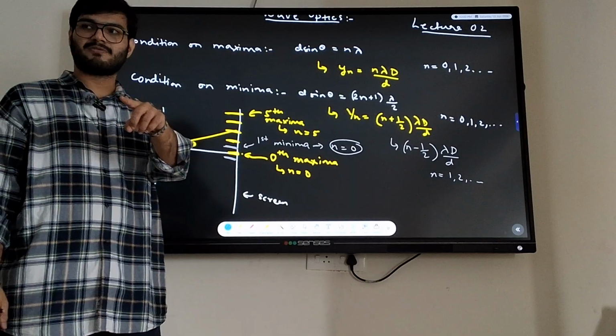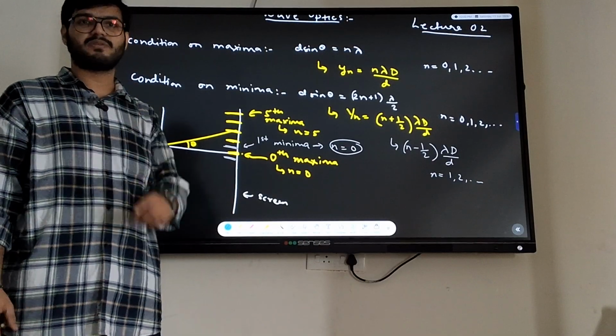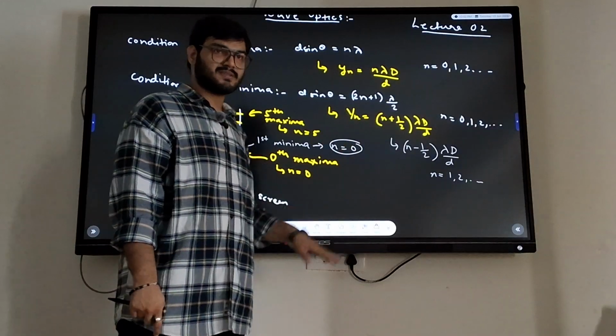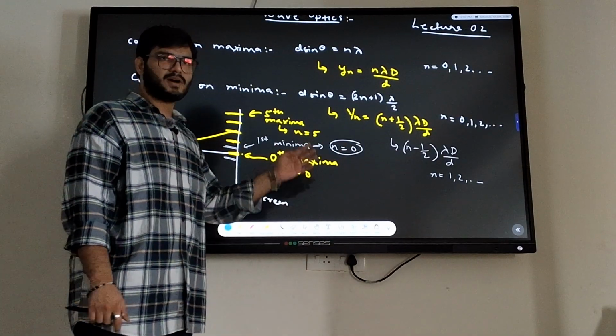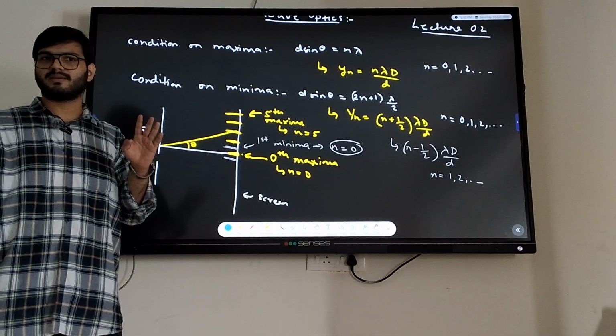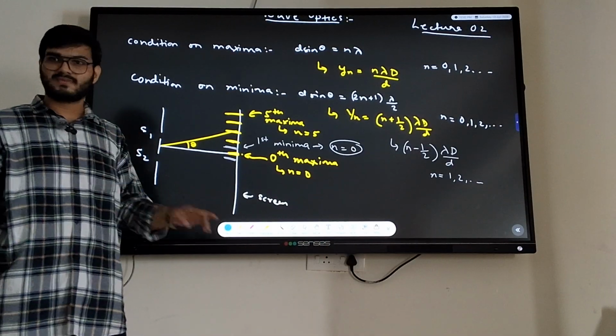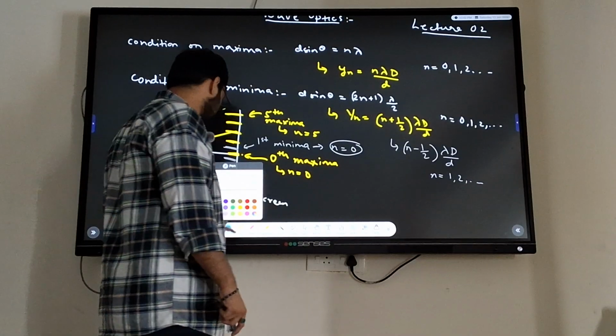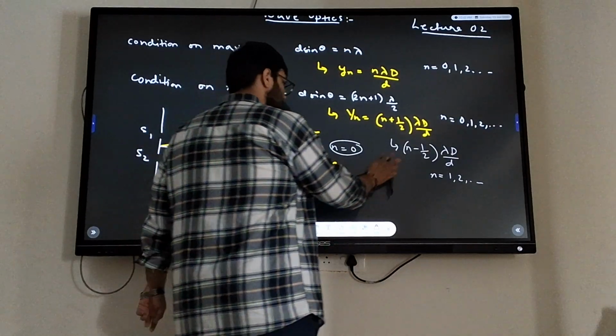First minima n equal to 1, second minima n equal to 2. But since I have written this formula, that's why there is a little bit of this. You can follow either of them. Whatever you follow, be mindful of what you are writing. I will stick to this n plus half one, since I have written it everywhere.